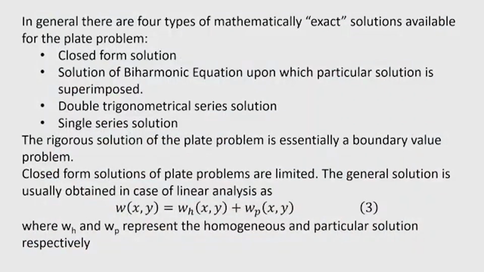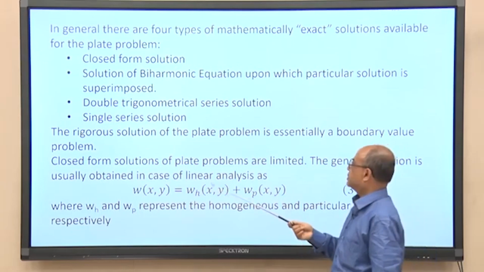So, let us see the general techniques that are used for the exact solution or solution of the plate problem are closed form solution that satisfy the boundary condition as well as differential equation.